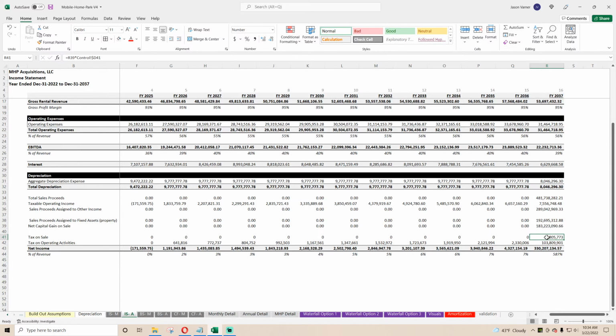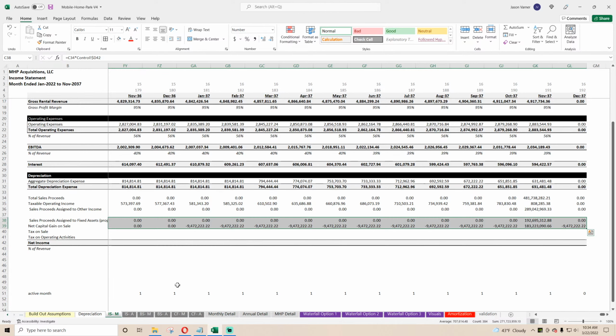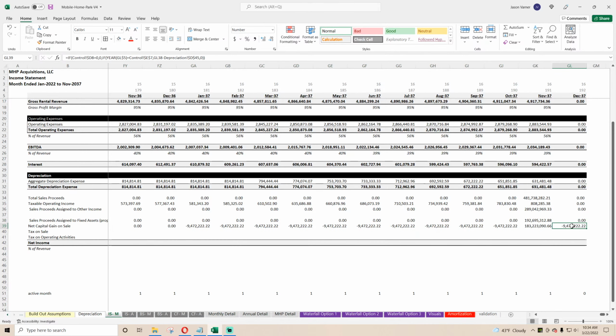And now, tax on sale, tax on operating activities. Hold on. We now don't need the year, we just need to do if GL5 equals D7. Perfect.